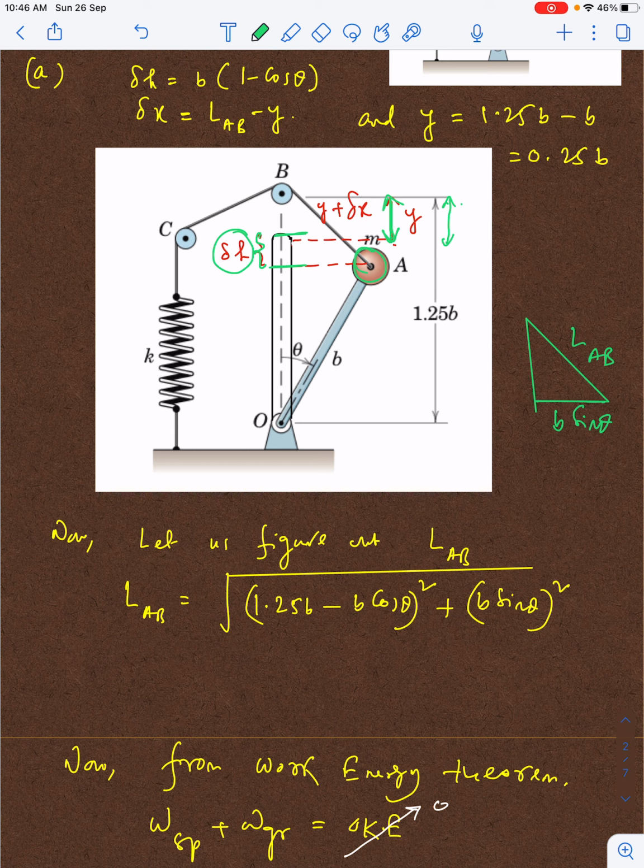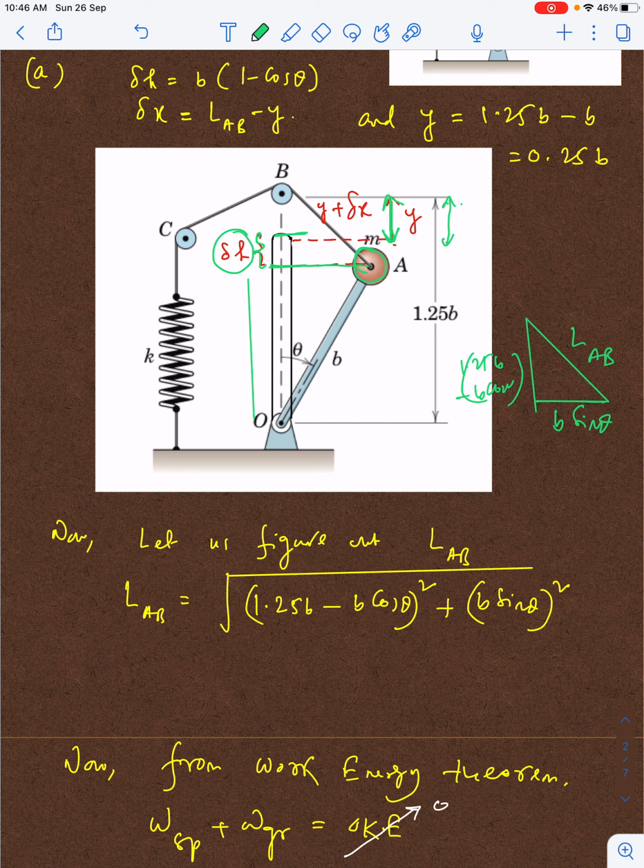All right, this is B sine theta, and the other part is 1.25 B minus B cos theta. See, you can see this is B cos theta, and this entire is 1.25 B. So this length becomes 1.25 B minus B cos theta.